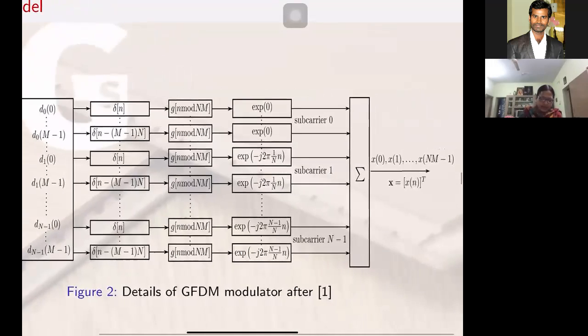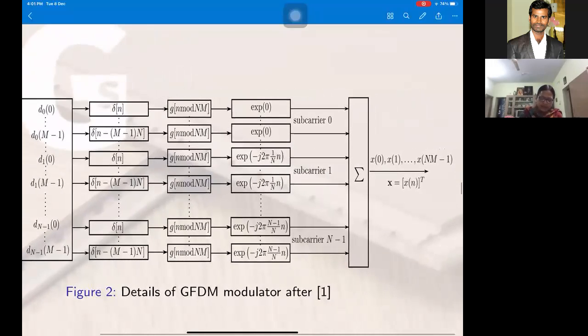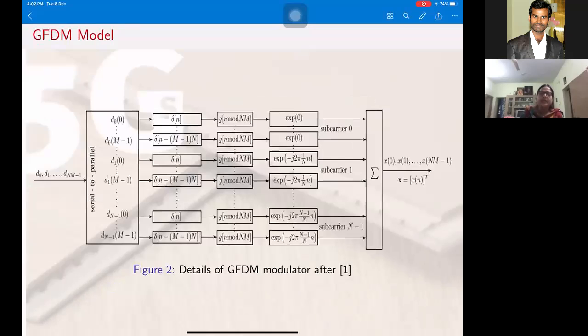So each sample is modulo operated by your filter, that is g of (n mod NM). Then these M subsymbols are modulated onto a single carrier. That's the beauty of it. That is exp of 0, that means one carrier. The subcarrier is 0.